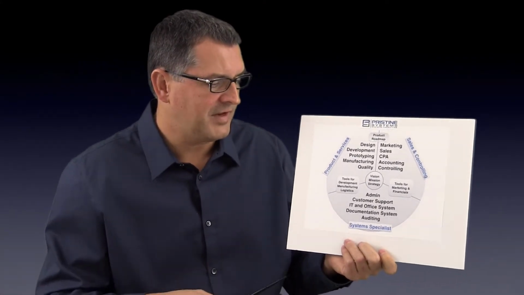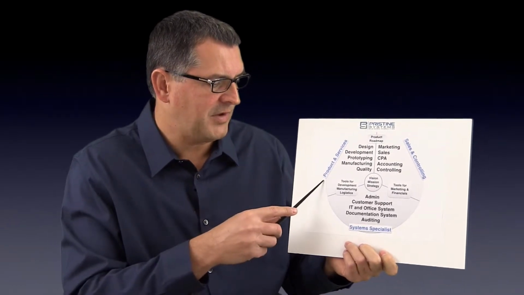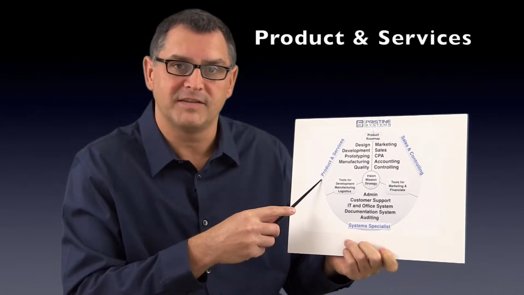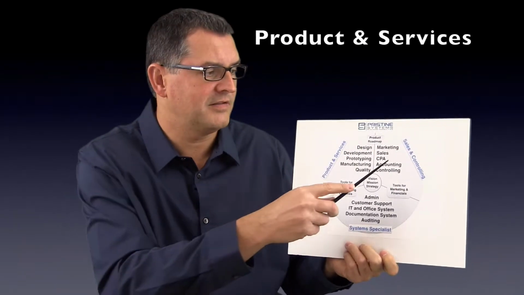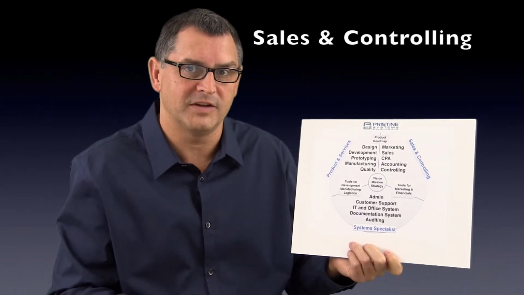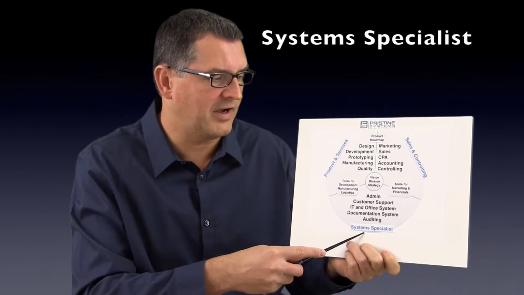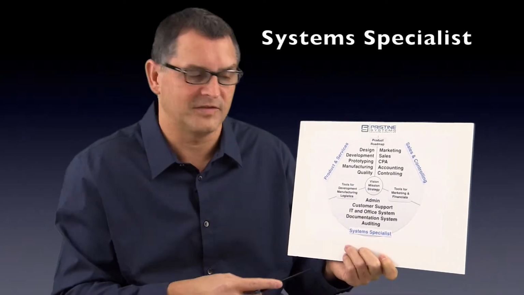In this scenario, and this is based on something we actually did with one of the companies, you have a specialist who is focusing on the product and service first, and then another one who is focusing on the sales and the controlling part of the company, and the third one who is the system specialist who kind of ties it all together from a systematical perspective.